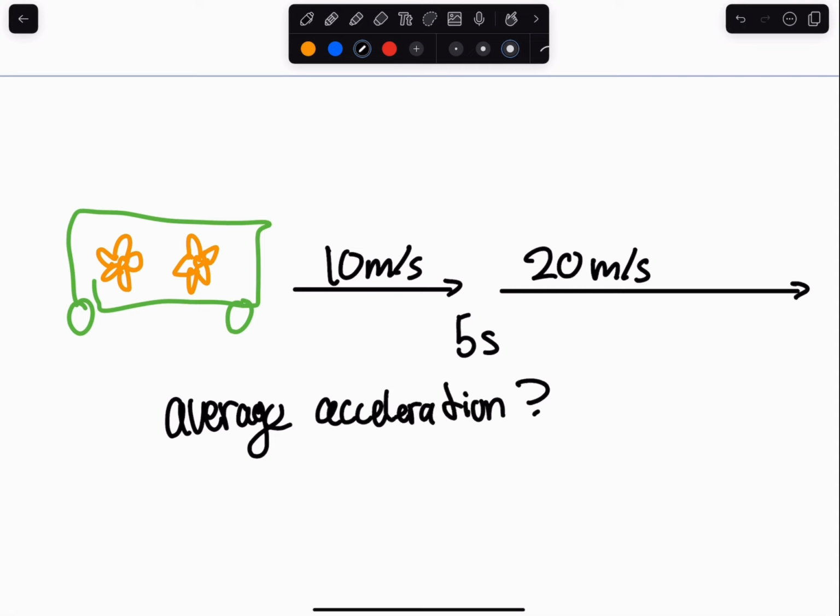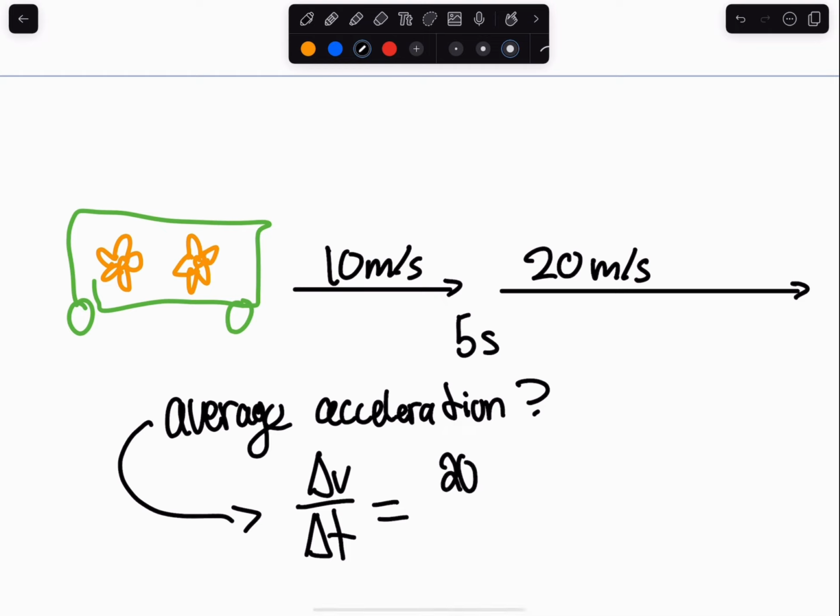Well, here we can use delta V over delta T. Delta V is change in velocity, which in this case would be 20 meters per second minus 10 meters per second.